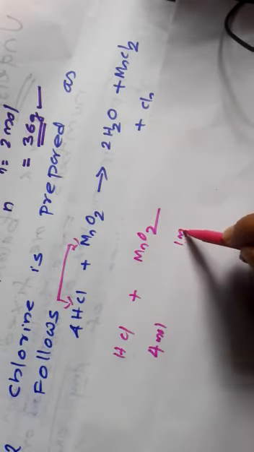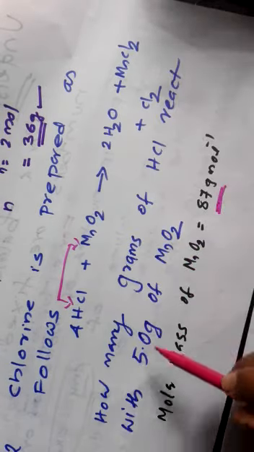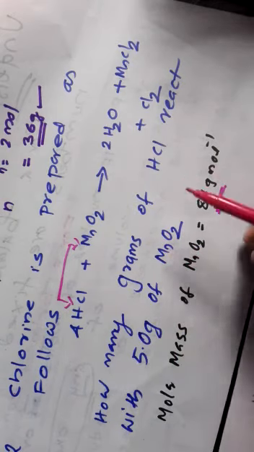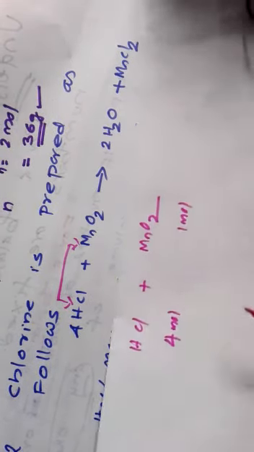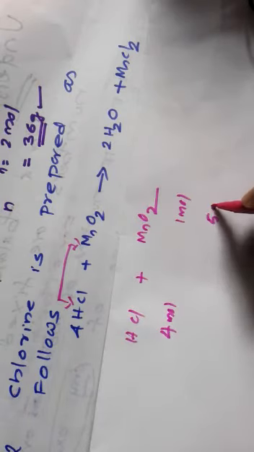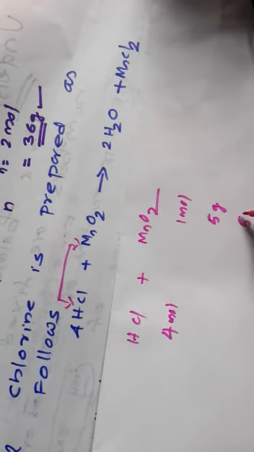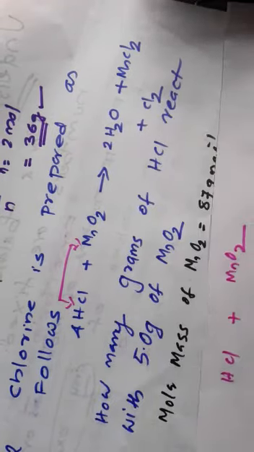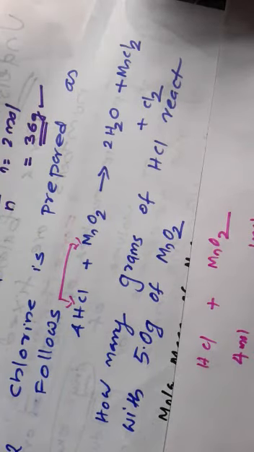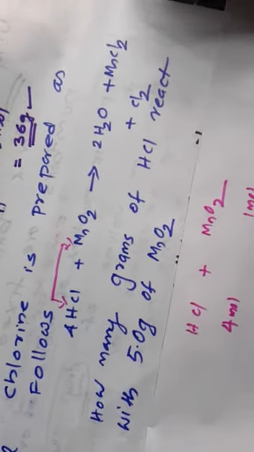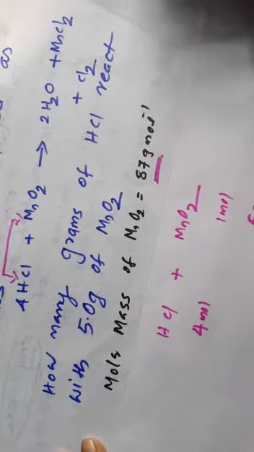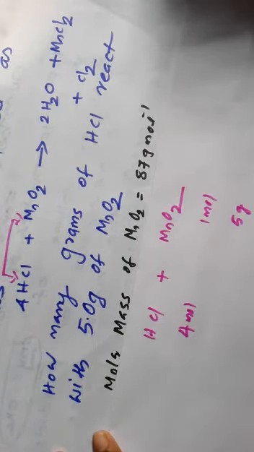This is 1 mole. 5 gram MnO2 means number of moles is equal to 5 gram divided by 87. This is the number of moles, 5 by 87 mole. Okay.